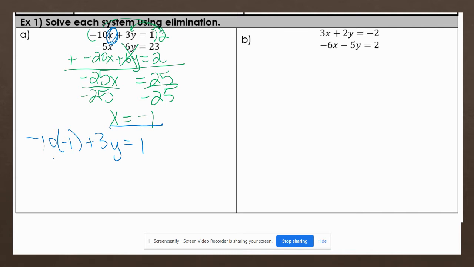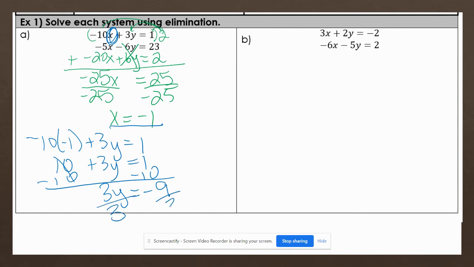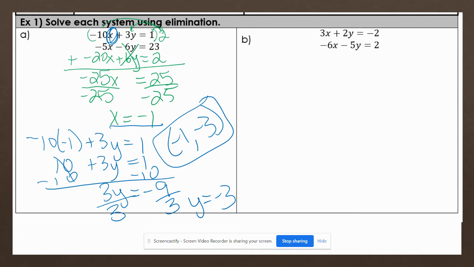Negative 10 times negative 1 is positive 10. I'm going to subtract the 10 to the other side. We have 3y is equal to negative 9. Divide by 3, and y is negative 3. That makes my final answer negative 1, negative 3.